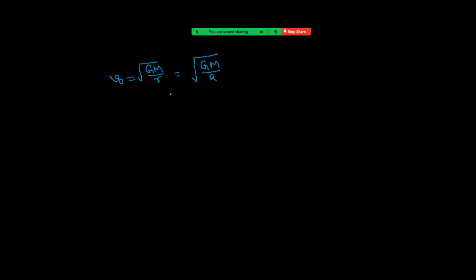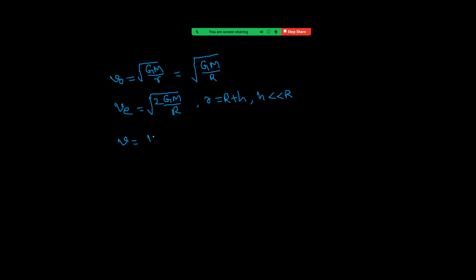We know that escape velocity is equal to root of 2GM by R, because R plus h is approximately R, as the condition given is h is very small compared to R. That means this is root 2 times the orbital velocity. So extra how much do we have to provide?